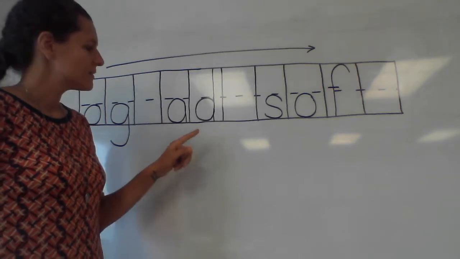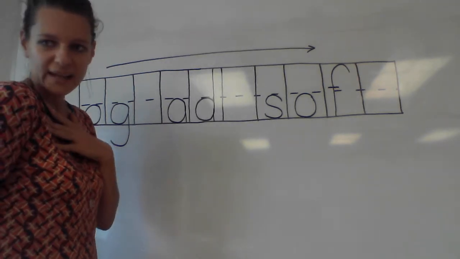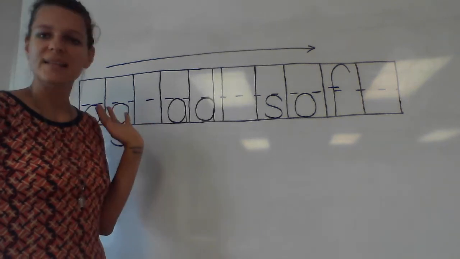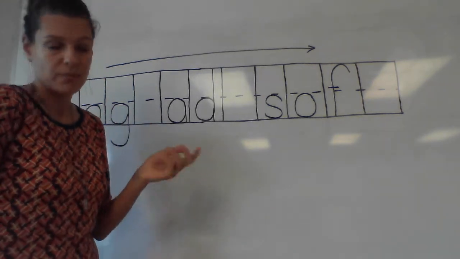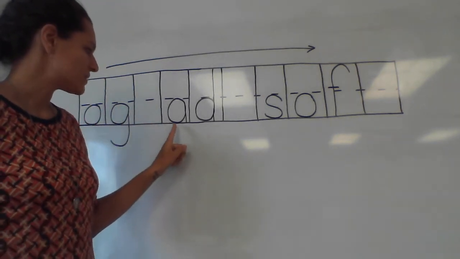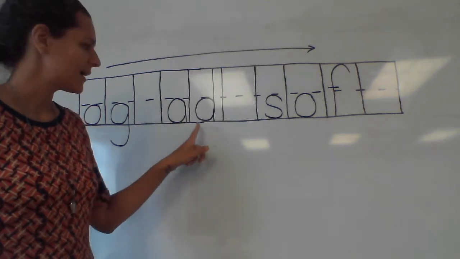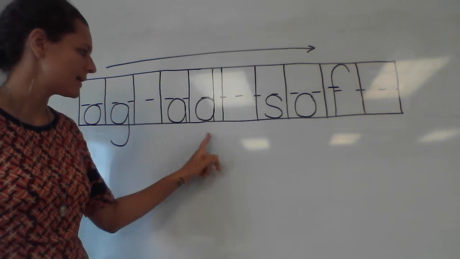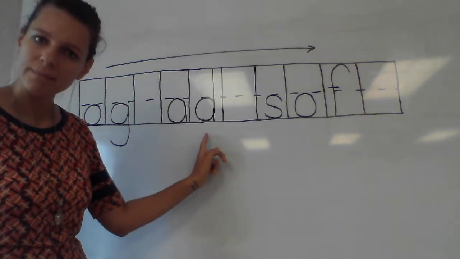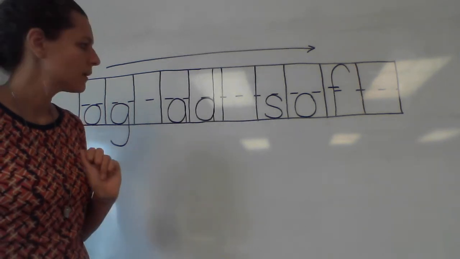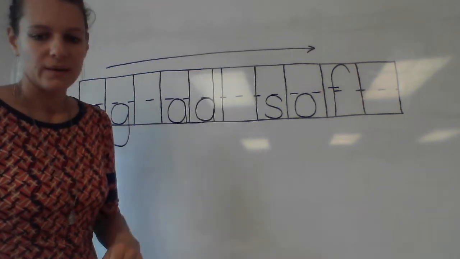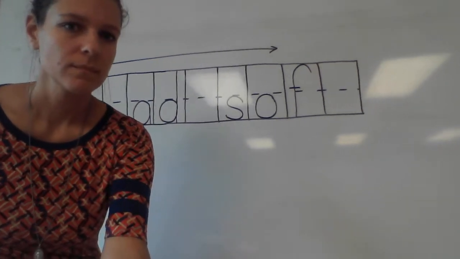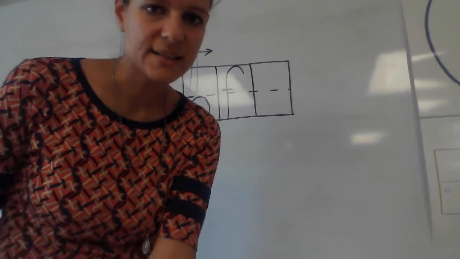I hope you were able to do that. If not, sometimes we have to practice it more, but we would start slower. We say a, d, a, d, add, add, add. All right, let's go down to our next word.